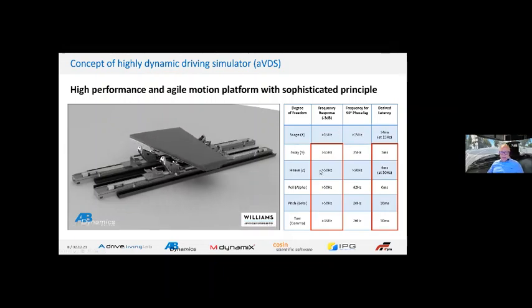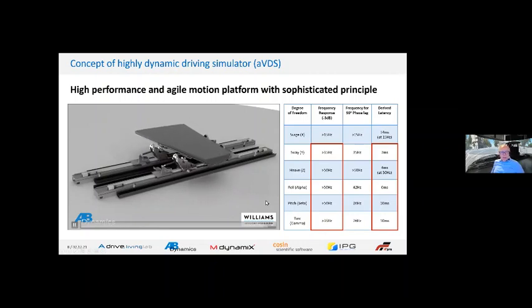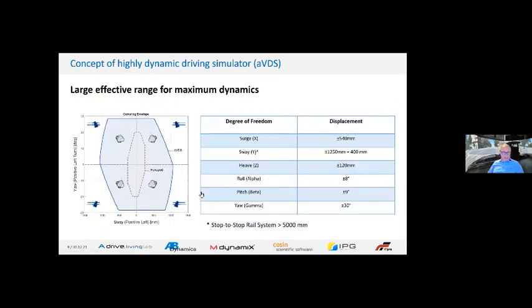And we have up to 50 Hertz, depending on the axle, but I will show you some samples later on. So we have a certain motion room, and compared with a hexapod, our motion room is much bigger.